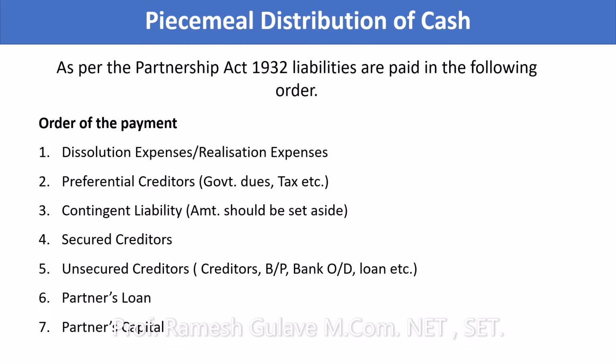So in the order of payment, partner's loan is paid at the second last stage, and at the last, the partner's capital is paid, because partners are the owners of the partnership firm, and if there is a loss, that loss has to be borne by the partners. That's why partner's capital is always paid at the end of the process of piecemeal distribution of cash, right?